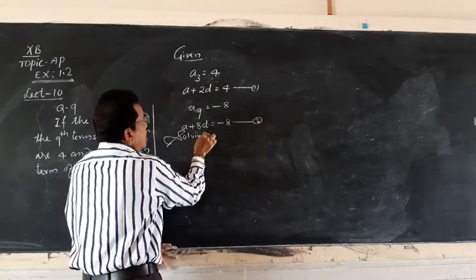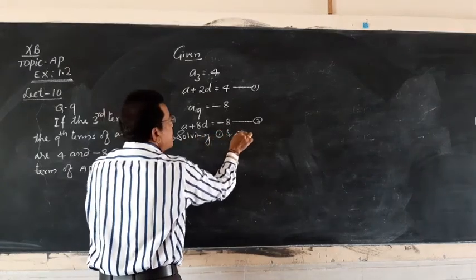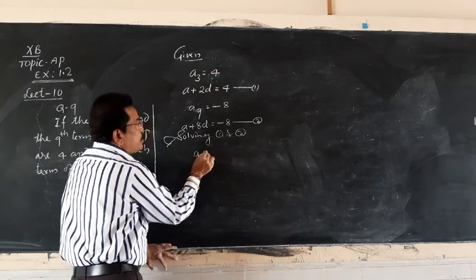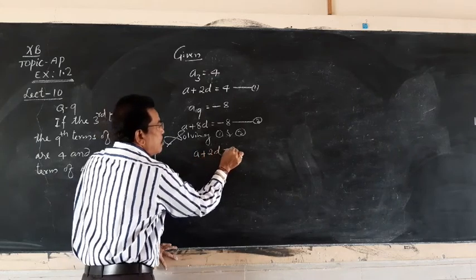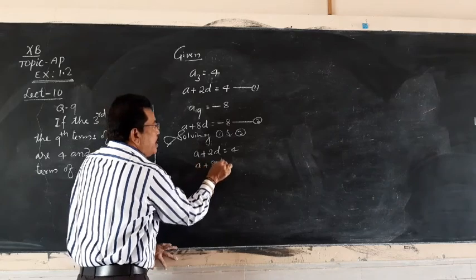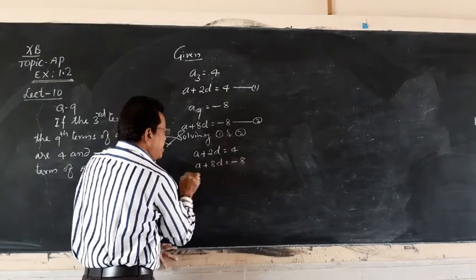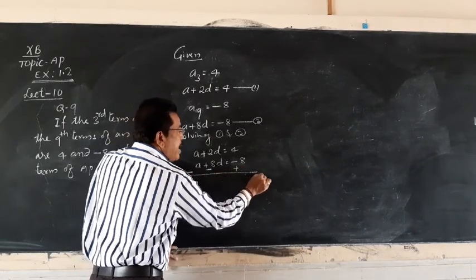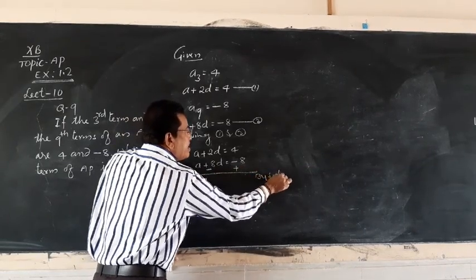Solving first and second: A plus 2D equals 4, A plus 8D equals minus 8. This is by subtracting.